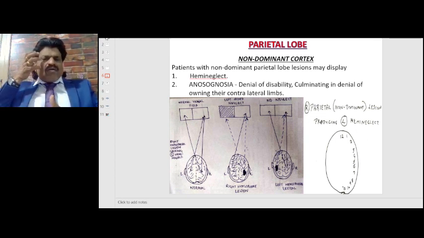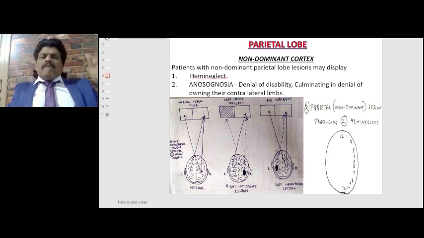So if the left parietal cortex, that is the dominant cortex, is affected, the right extrapersonal space is also affected, but this is compensated by the intact right parietal lobe, which controls both the right and the left extrapersonal space, and therefore the dominant left parietal cortex does not produce right hemi neglect.